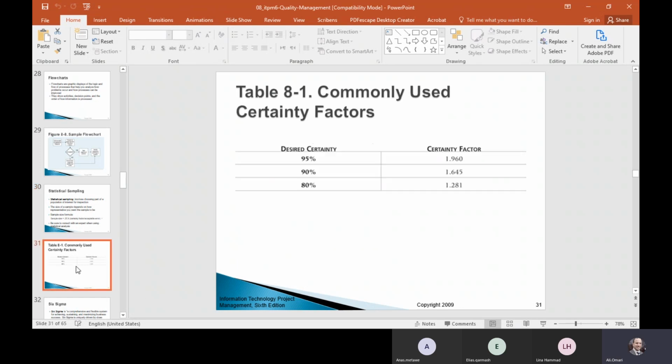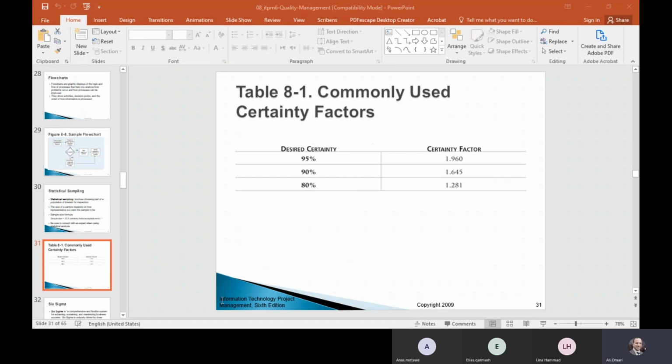Okay, I can calculate the sample size that is needed by applying the equation, which is 0.25 times, if I want 95% certainty, I apply 0.25 times 1.96 divided by 0.05, because I want desired certainty 95, then the rest to complete the 100% is 0.05.